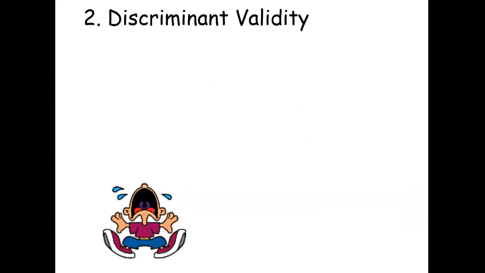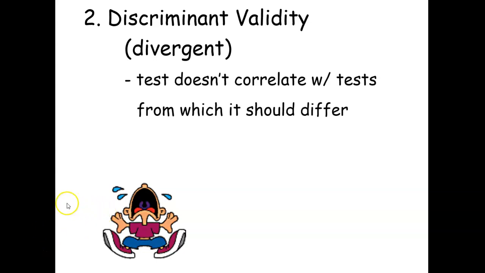The second thing you're going to want to look at is a type of validity called discriminant validity, and this measures the second part of this. It is also sometimes called divergent validity, and here we want to see if the new test that you come up with does not correlate with tests from which it should differ.